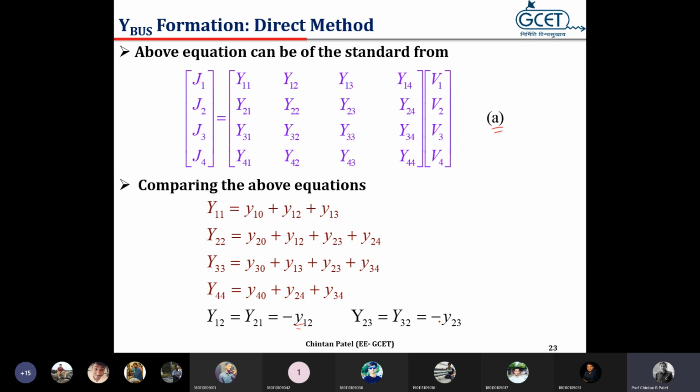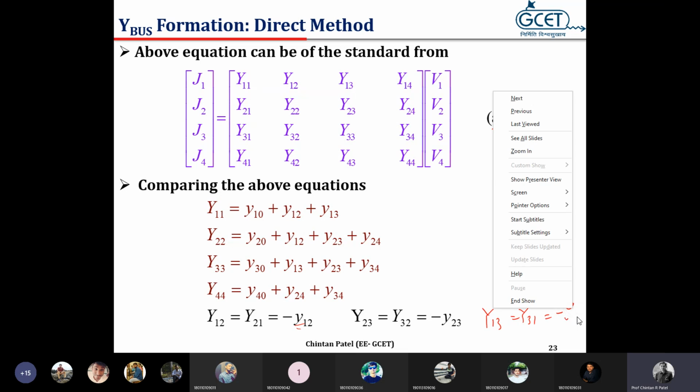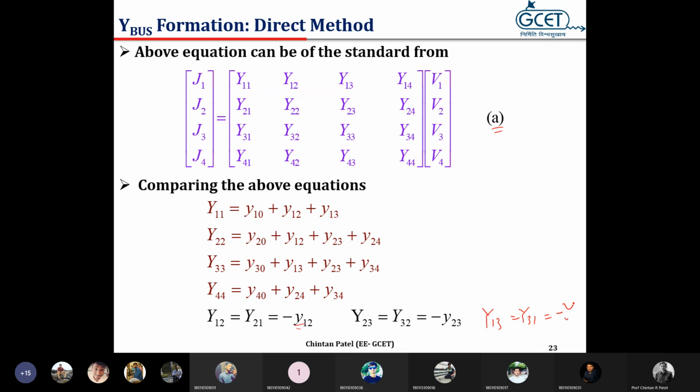Y23 is equal to Y32, negative of y23. And there will be Y31 also. So Y13 is equal to Y31, which is negative of y13.